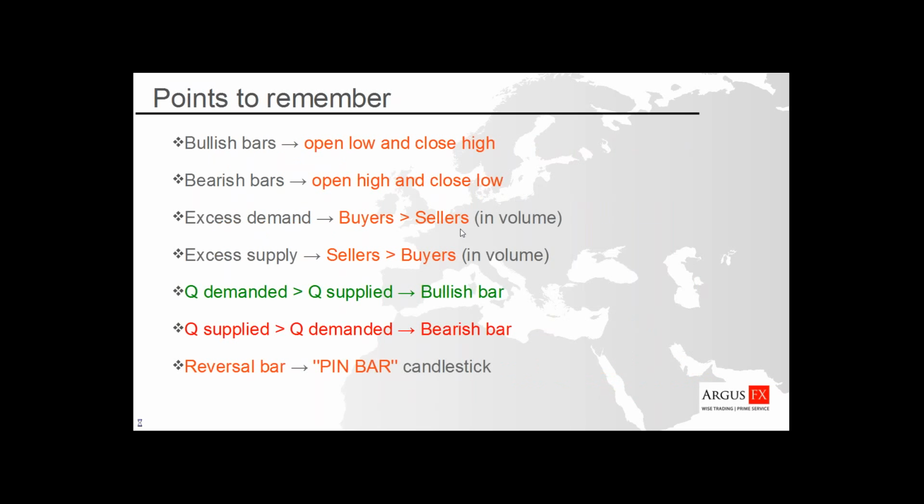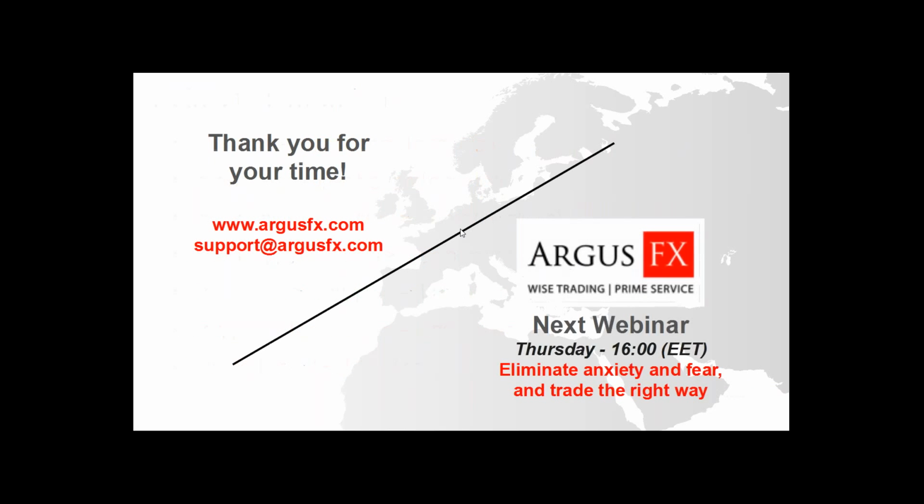So let's go to the final slide. Next Thursday, we are going to see how we can combine this pin bar candlestick bar with a strategy that can help you identify whether the upcoming movement is an uptrend or a downtrend one, eliminating anxiety and fear.